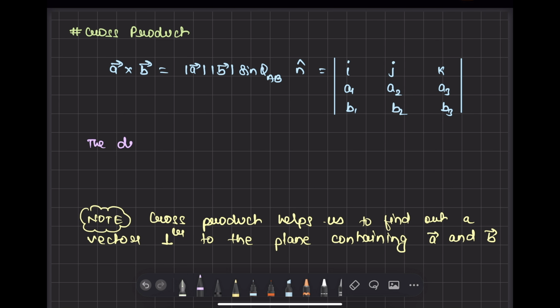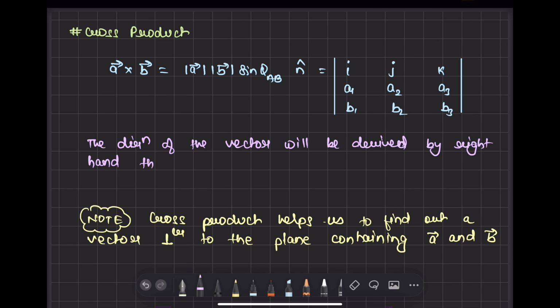Okay, now the direction of the vector, try to understand this part. The direction of the resultant vector will be derived by the right hand thumb rule.